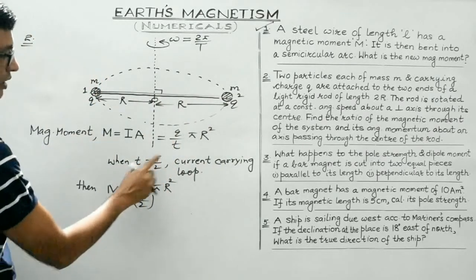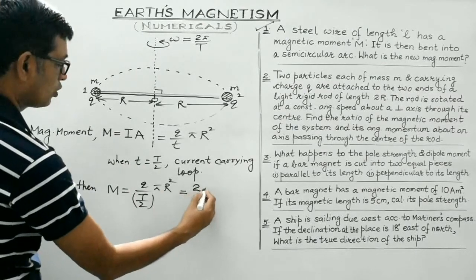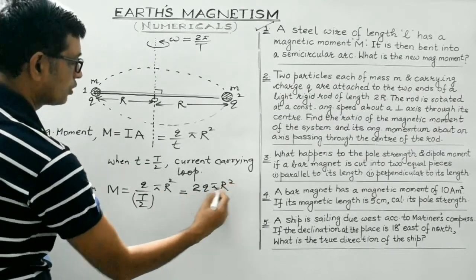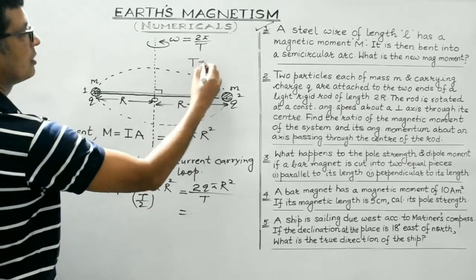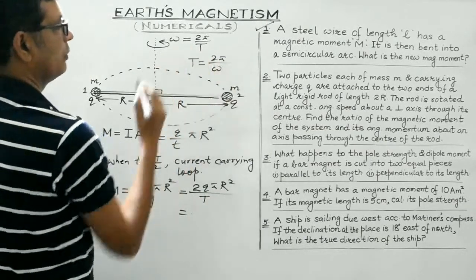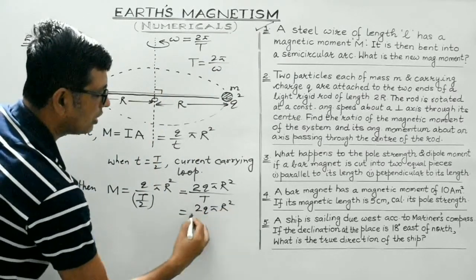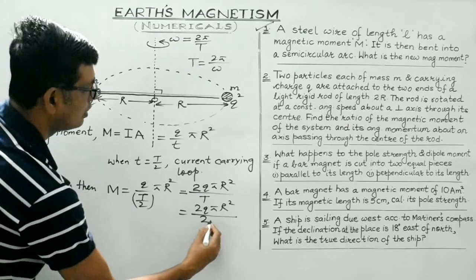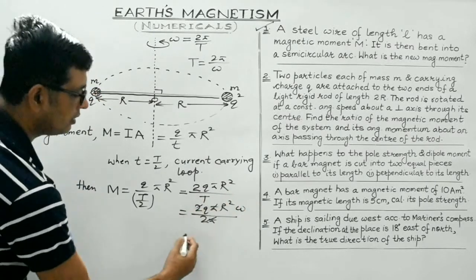So here small t is to be replaced by capital T by 2. So it will be 2q pi r square divided by capital T. Capital T can be written as 2 pi by omega, right? So 2q pi r square divided by 2 pi by omega. So 2 pi gets cancelled.